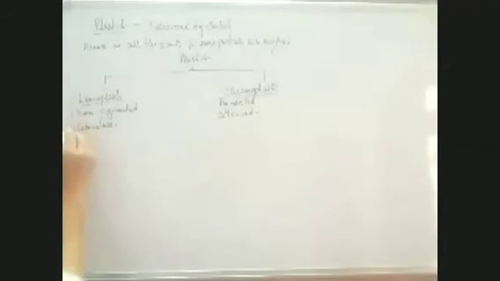The second point is, where are these present? They are present in the parts which are not exposed to sunlight, that means the parts which are away from the sunlight.